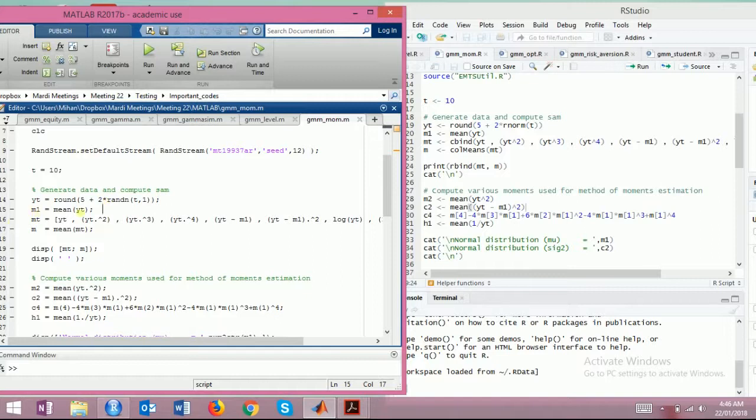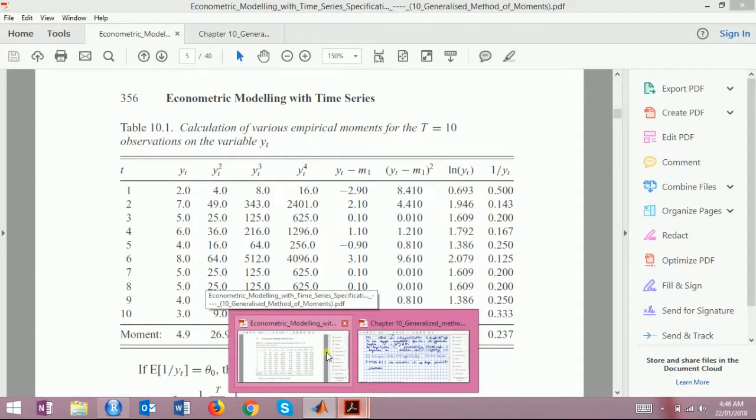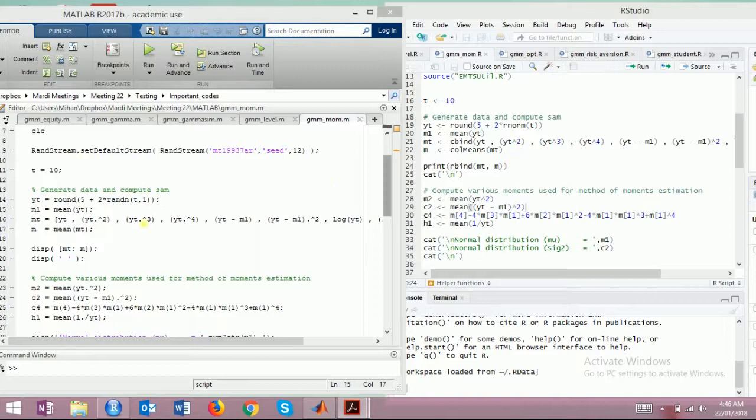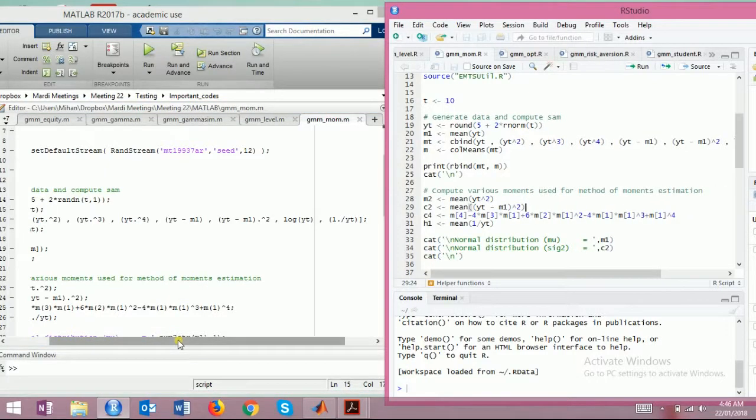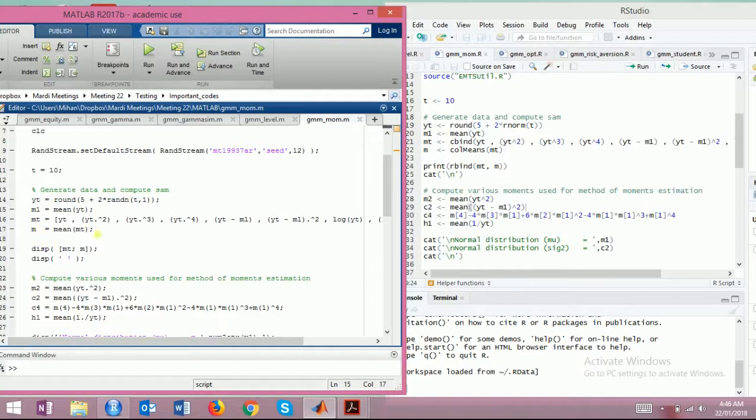Then m1 is the mean of yt, then mt is equal to yt, yt squared, yt cubed, yt to the power 4. See, there is element by element multiplication. Then (yt minus m1) squared, log of yt, 1 by yt. Then m is equal to the mean of mt. Taking the mean of all of these, we form m, which is the empirical moment, the mean of mt, or colMeans; mt is the mean function.